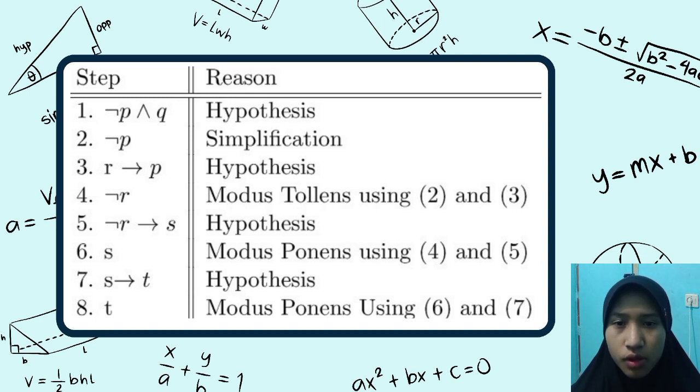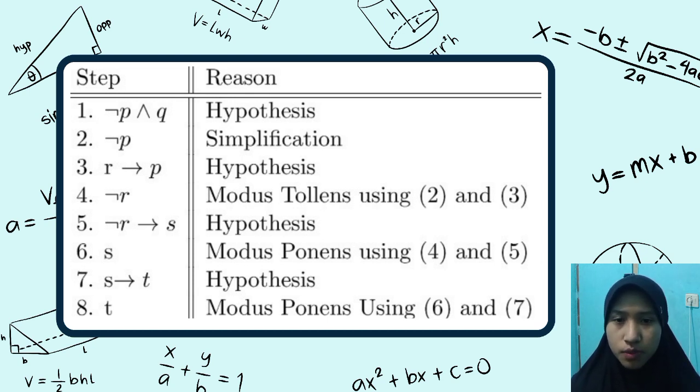In the first step, we have the hypothesis negation P and Q. Using simplification, we will find negation P. And we have the hypothesis R then P, using modus tollens with statements 2 and 3, we will find negation R. And we have the hypothesis negation R then S. Using modus ponens with statements 4 and 5, we will find S.